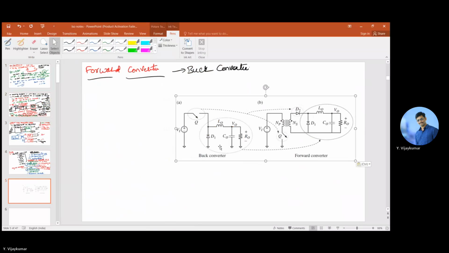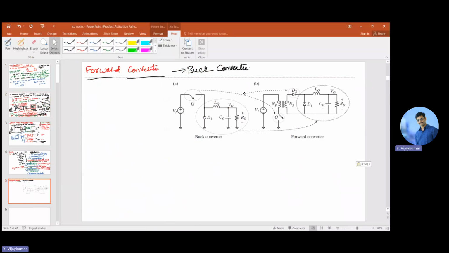Right. So if you see this circuit here, this is the buck converter that we have discussed. So the input supply, the switch, and these are the buck converter circuit that we have. How is this buck converter circuit modified into a forward converter?